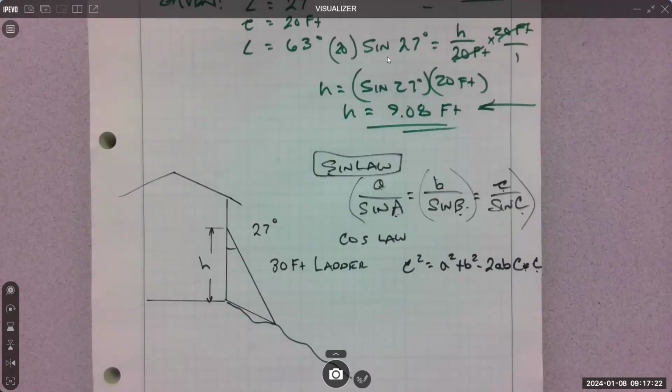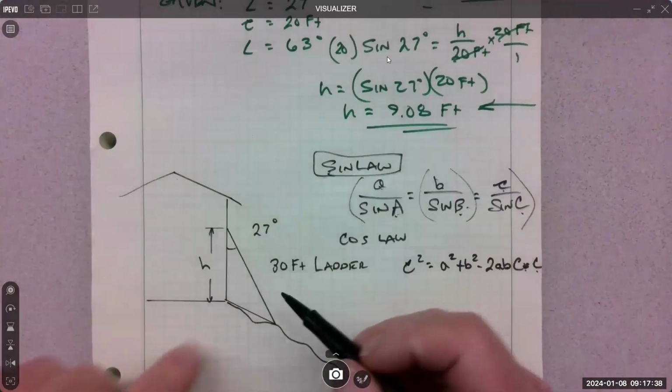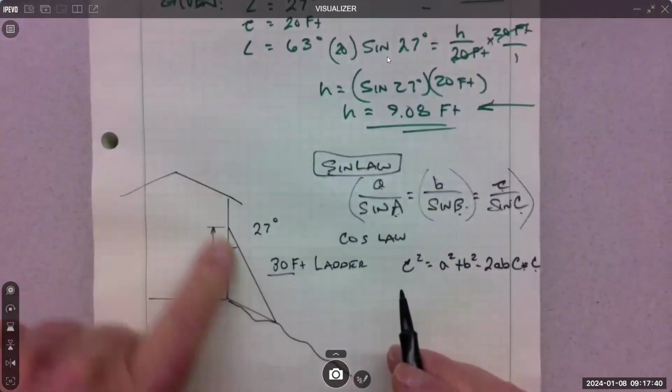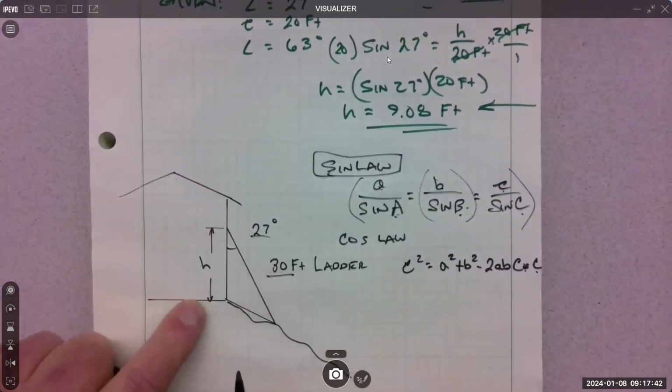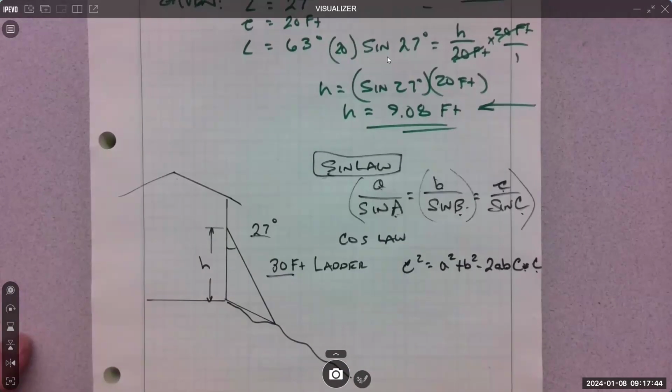So if you only know 2 things, you're just stuck. That's a problem. So hopefully they don't give you that, right? But if they do give you that, there's probably some way to find something else out somehow, right? I've given you what? 30 feet for the long side, 27 degrees here, and that's it. That's all I gave you.